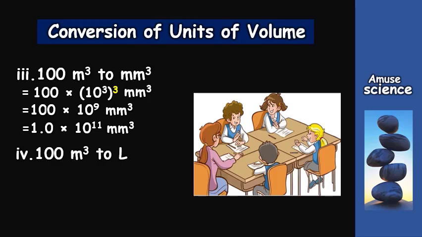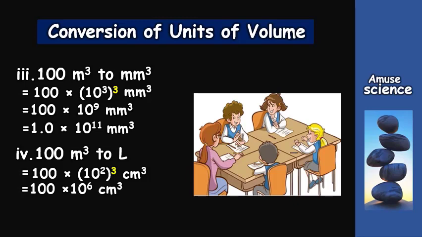But let's do it again. So we are going to have 100 times 10 exponent 2 all exponent 3. And this converts our answer to centimeter cube. Now let's do the indices. We are going to have 100 times 10 exponent 6. Now here we have to apply our indices well.